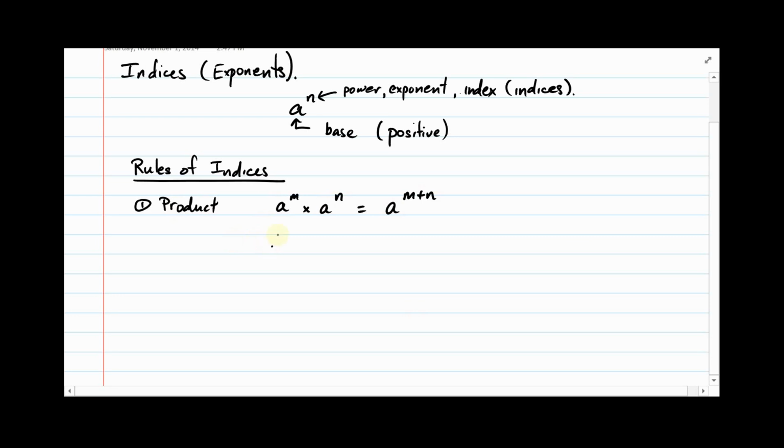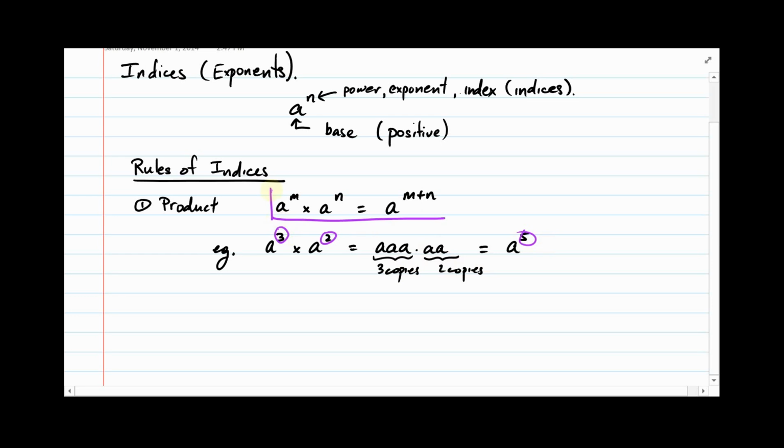If I had a cubed times a squared, in the long method you had 3 copies and 2 copies. If I multiply them, in all I had 5 copies, a to the 5th. How could I have 3 and 2 and end up with 5? It must be a sum. So that gave us our first rule.